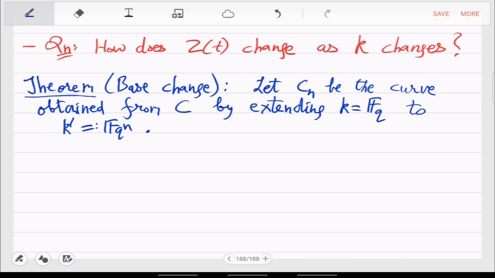So how does it change? So it changes like this. The zeta function for the curve Cn, if you substitute t raised to n there, then it factorizes.